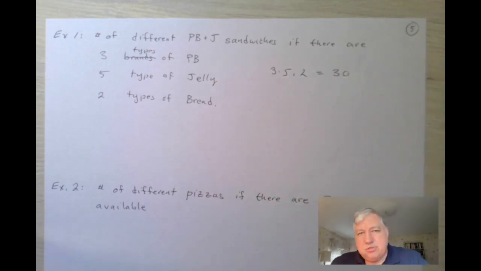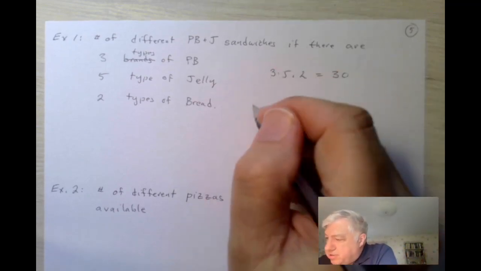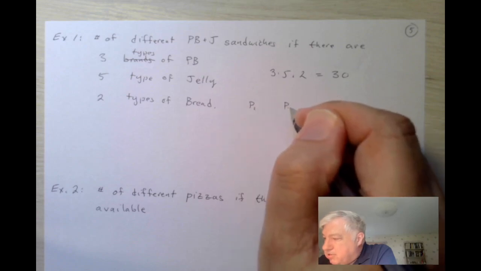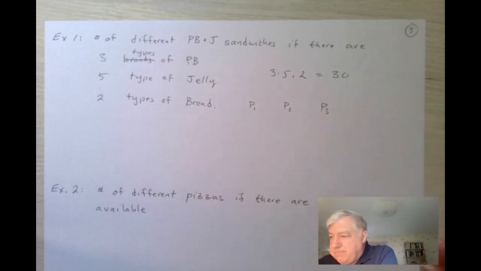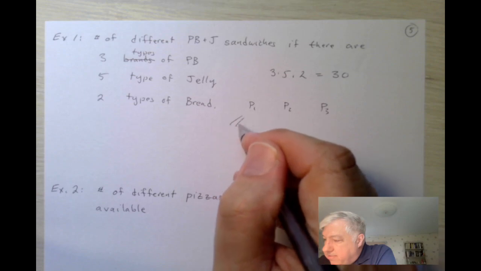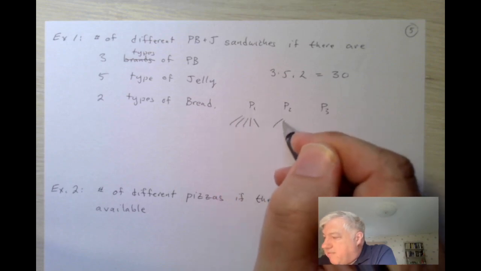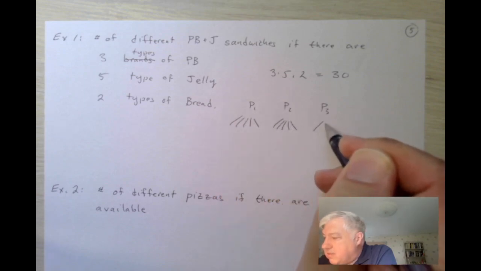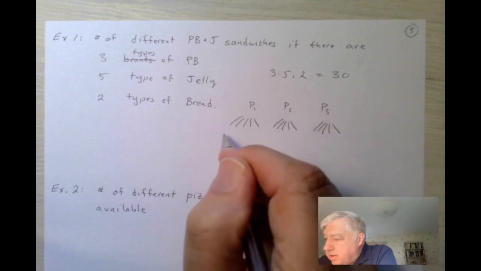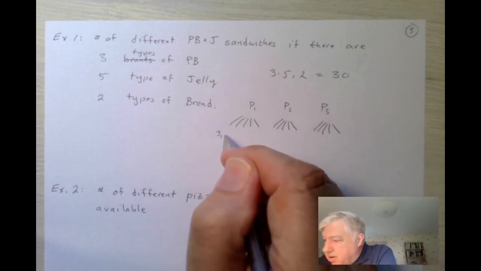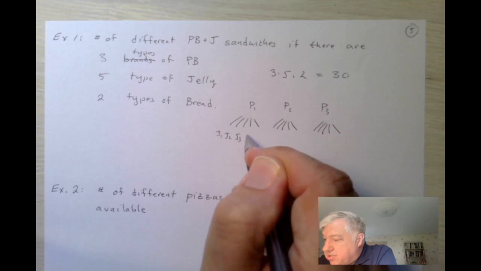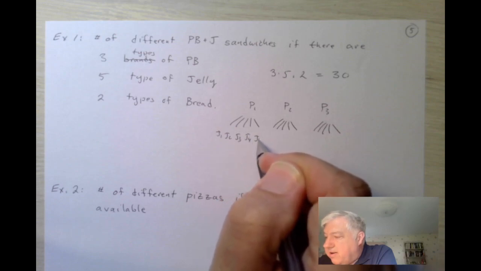And again, just to see how this works, here's your peanut butter, P1, P2, P3, let's say these are your 3 brands of peanut butter, and then you have these 5 brands of jelly, J1, J2, J3, J4, J5.